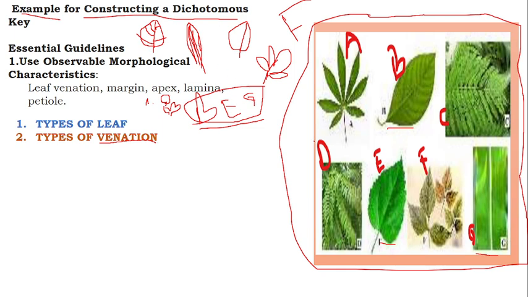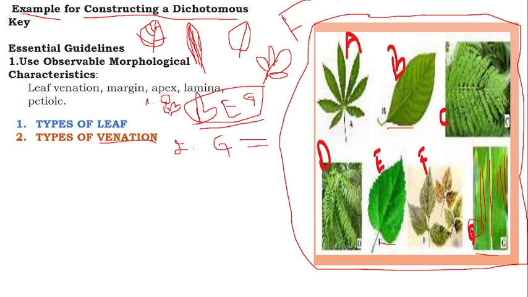So in terms of venation, on number 2, I can say in my B, C, E, all of them are reticulate, but G has one main vein and other parallel veins. Now on point number 2, types of venation, I have rift G, which is parallel venation. I hope you are understanding.